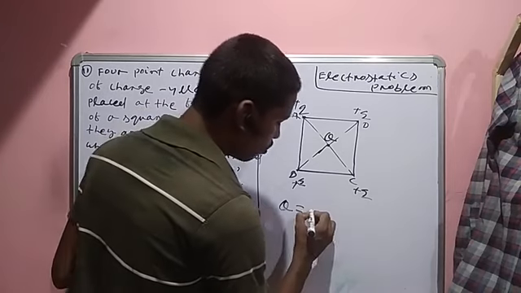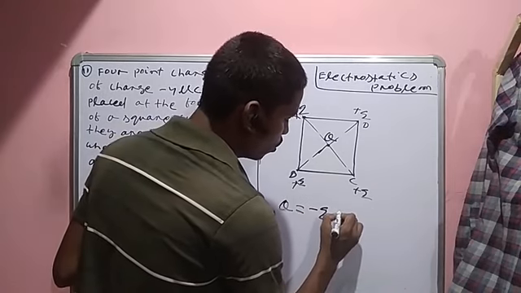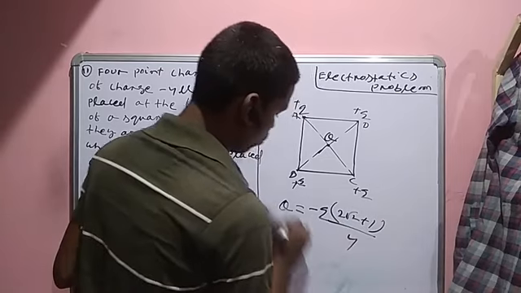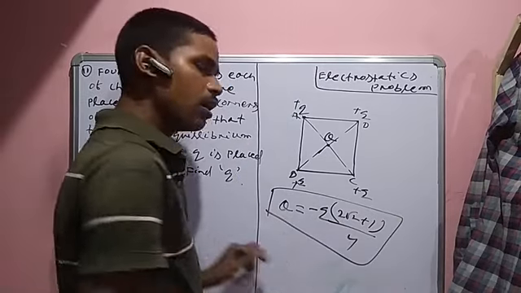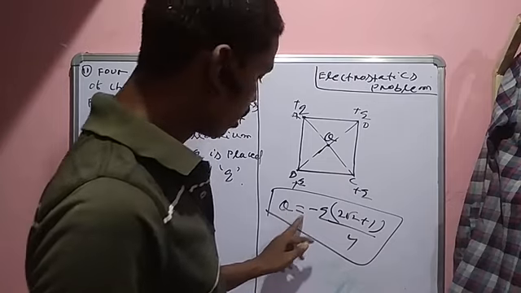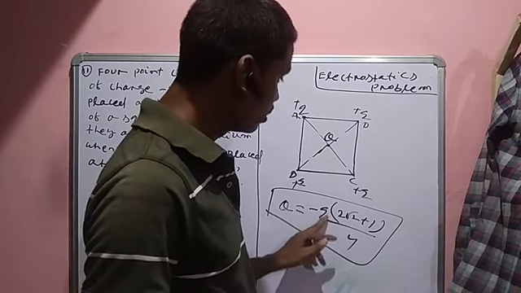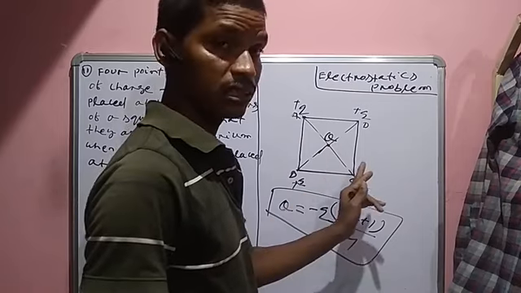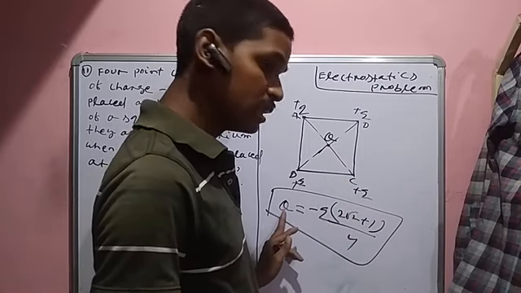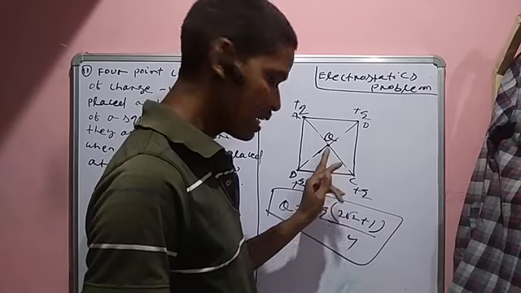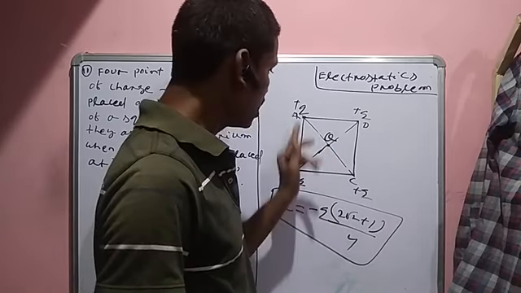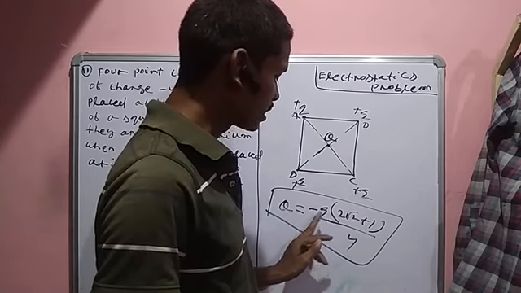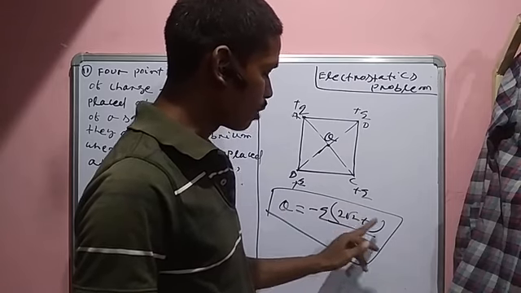Q is equal to minus q, (2√2 plus 1) divided by 4. This small q is the four-corner charge. Capital Q is placed in the center of the square, small q is placed at the four corners. So capital Q is equal to minus q (2√2 plus 1) by 4.